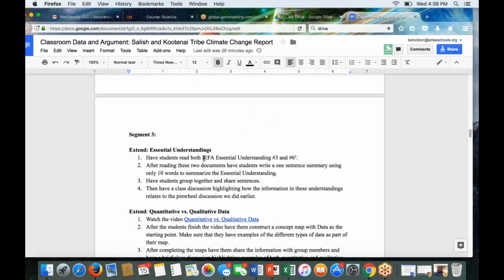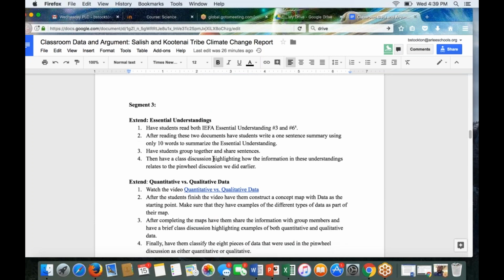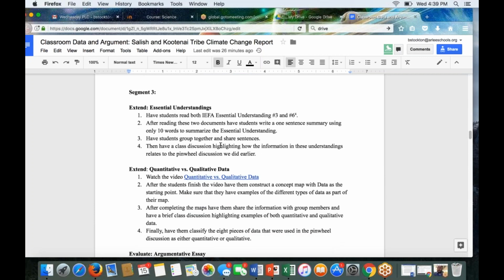And then this also gives me an opportunity to have them look at some of the essential understandings. Specifically, I've highlighted essential understanding number 3 and number 6, and those documents are attached at the bottom. Just to summarize, understanding number 3 looks at the idea of spirituality, and number 6 at history being subjective.